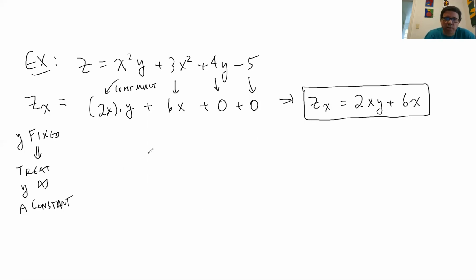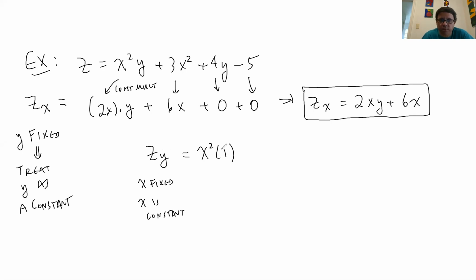If I repeat this process for y, so if I wanted to do z sub y, then in this case, x is fixed. Or you can think of it as x is a constant. We're only looking like north-south on the map. The x is not changing. And so in this case, x squared is a constant. This 3x squared is a constant. So if I took the derivative of the first one, the x squared would be my constant, and I take the derivative of the y.